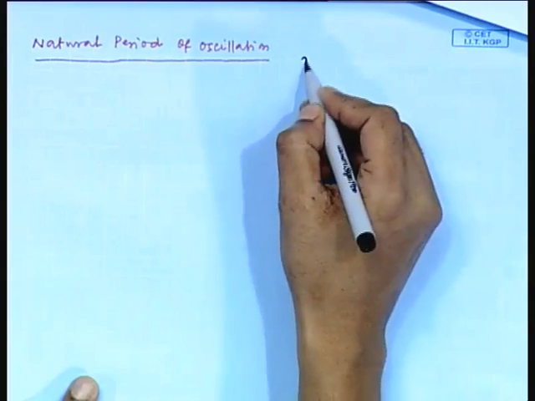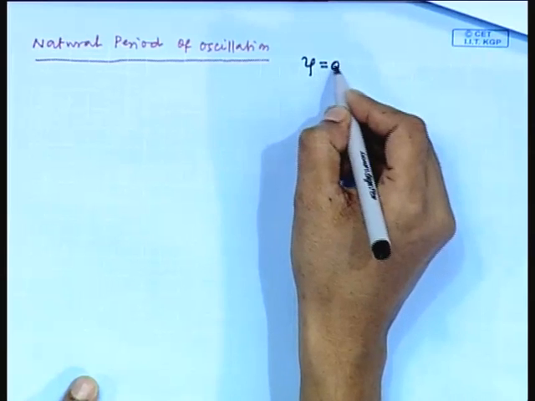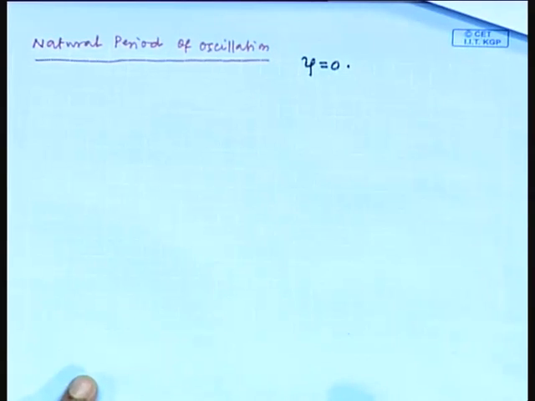In this case, zeta equals 0. That means, we observe the natural period of oscillation for undamped systems. Fine.